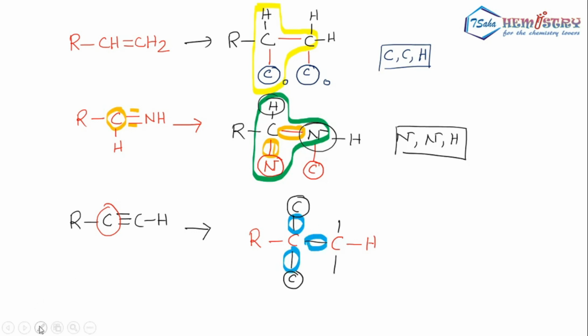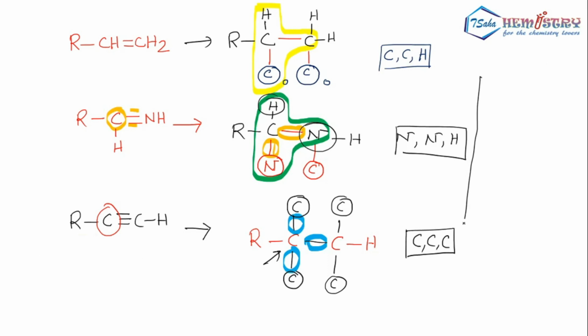Similarly, we can put a carbon over here and over here. So as a whole, around this particular carbon we have 3 C. So in this way we have to think that it is duplicated or triplicated.